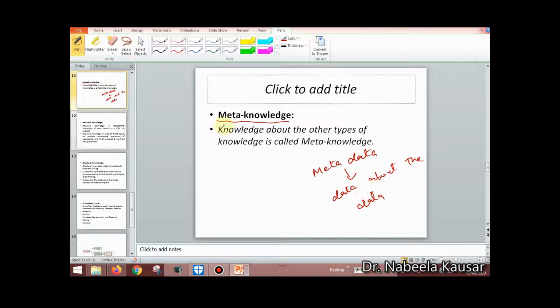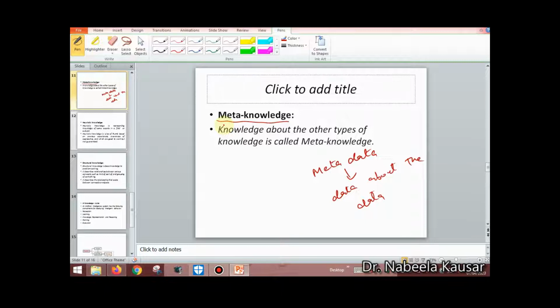So it is knowledge about the other types of knowledge, about procedural knowledge and declarative knowledge. The meta knowledge tells that declarative knowledge contains information about things, as we discussed, such as the piece of information that Islamabad is the capital of Pakistan, or Ali is a student of BSCS.